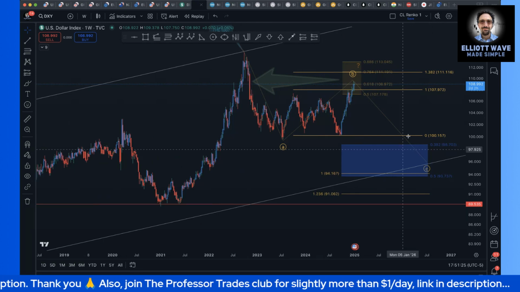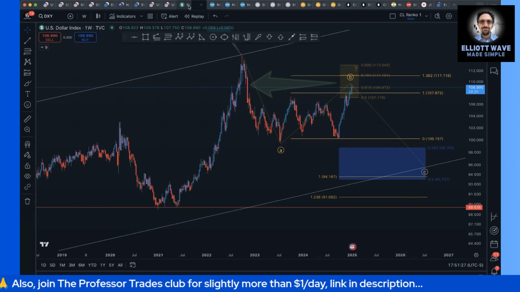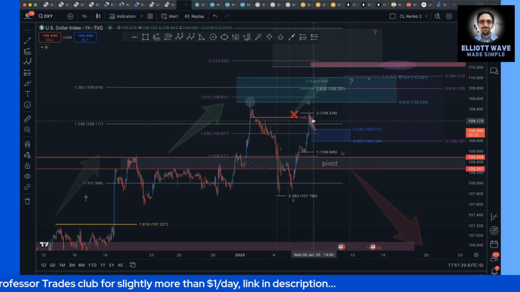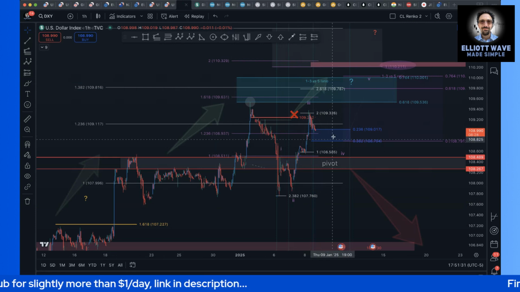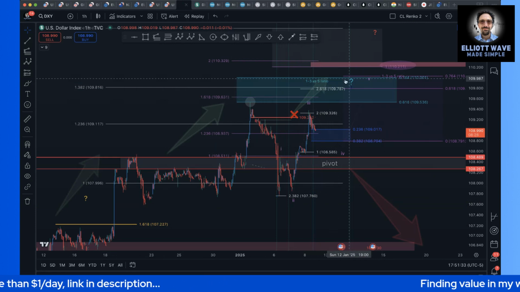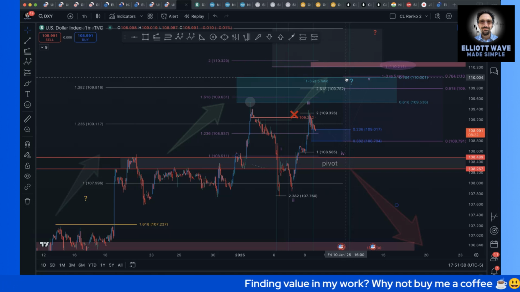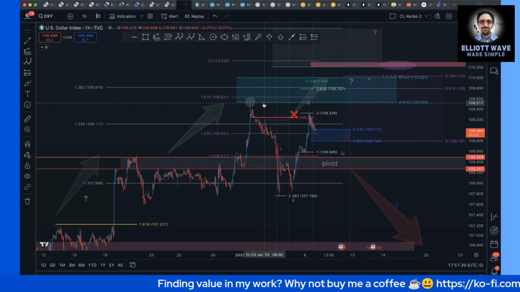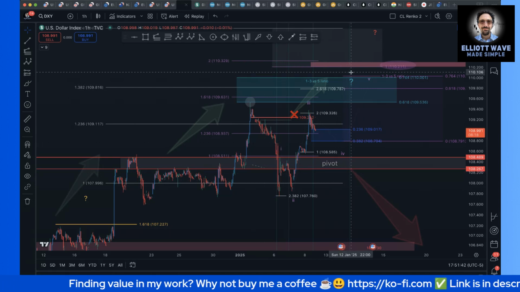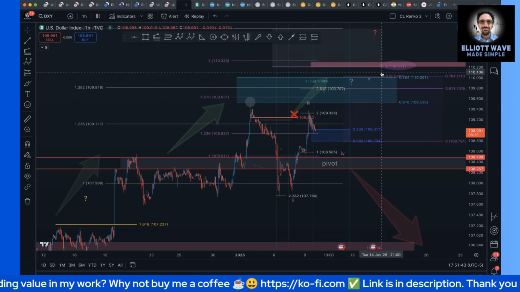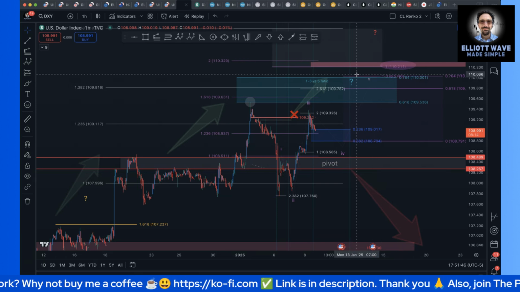The fibs are there. So the clues we're going to look for on the dollar: if this holds support here, what kind of reaction does it get up here? Because if this is the top, it should get a massive smackdown, kind of like this reaction. Something like that should happen over here, probably next week sometime.